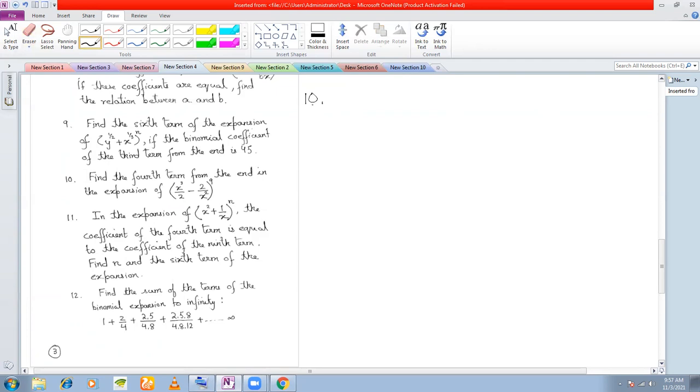Look at question number 10: find the fourth term from the end in the expansion of (x cubed by 2 minus 2 by x squared) to the power of 9.